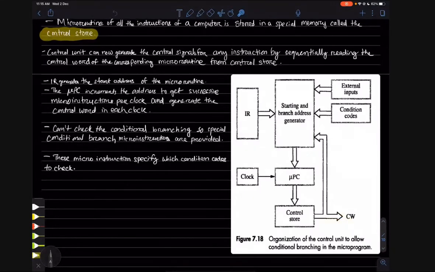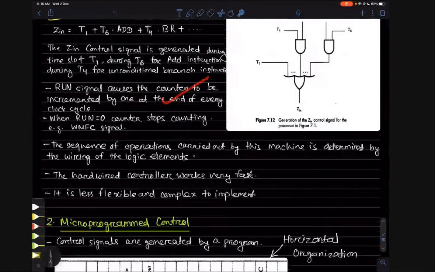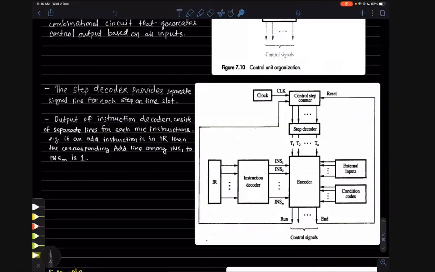One thing is that it cannot check conditional branching, so special conditional branch instructions are provided. Because it cannot check the condition codes, special types of micro instructions are provided to check them, and these micro instructions specify which condition code to check. These special micro instructions are not there in the hardwired control, because there everything is hardwired, so you can directly get the input.